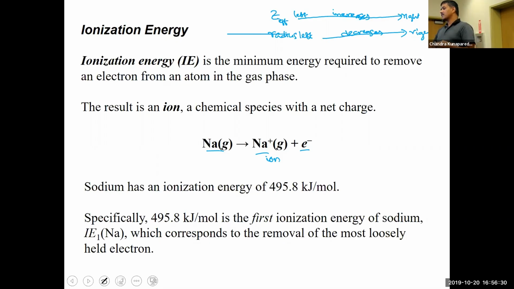To get this process done, sodium requires an ionization energy of 495.8 kilojoules per mole, which means to remove an electron from 1 mole of neutral sodium, you need to apply 495.8 kilojoules of energy. Whenever you remove an electron from an element for the very first time, you call that the first ionization energy, which is what it says here.